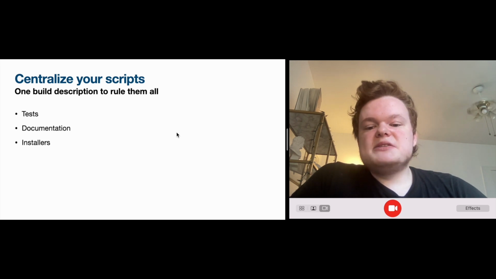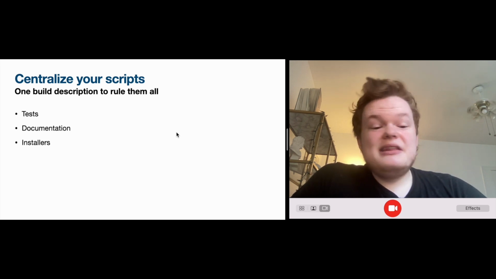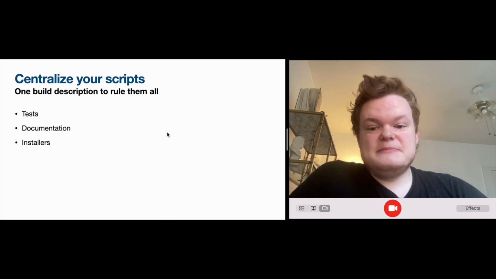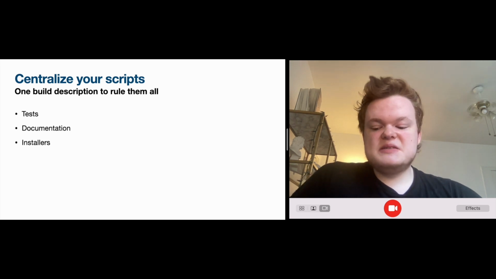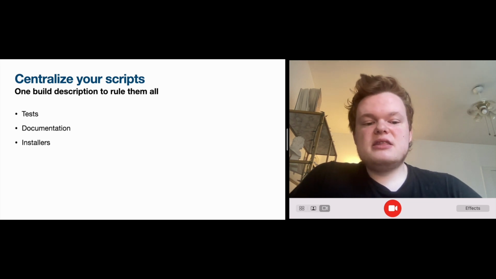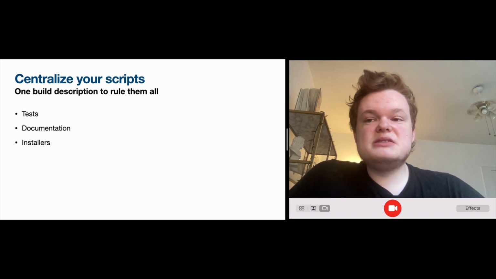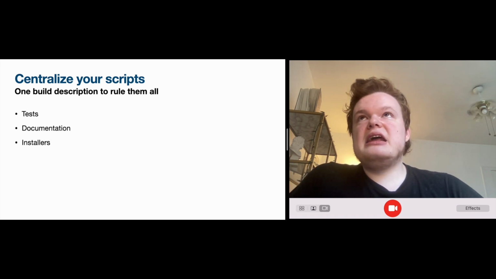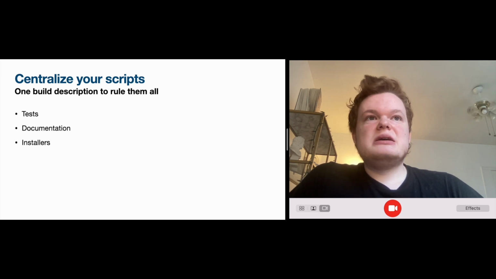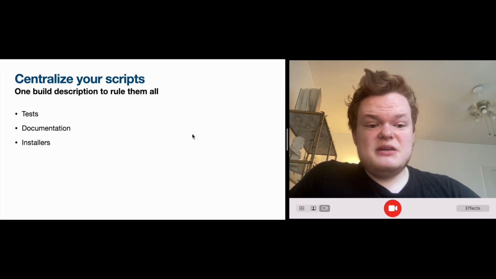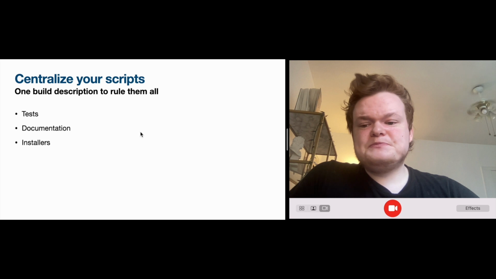Documentation can be built using custom build commands. So CMake allows you to add anything executable as a custom command to the build system. So documentation is one really common use case of this, because you can locate the Doxygen executable, or if you use Sphinx, you can do the same thing. And then you can add a build command that when that target is built, it basically just executes Doxygen or Sphinx or whatever you're using over your source code.